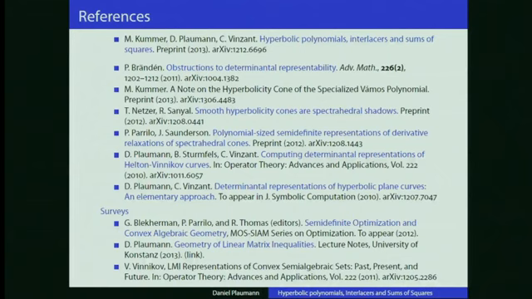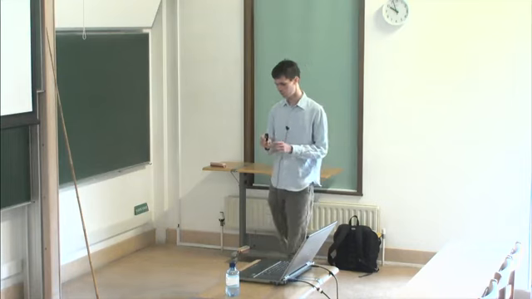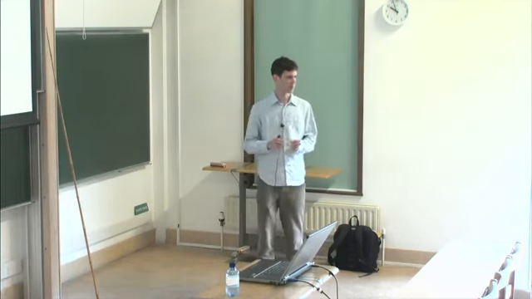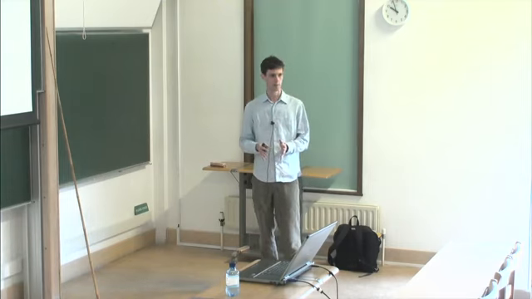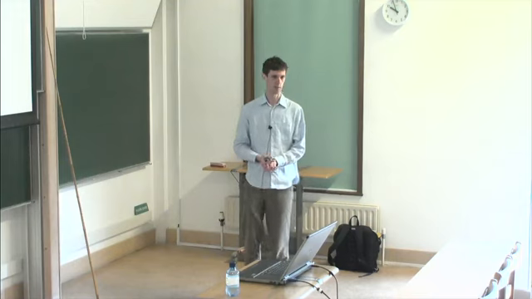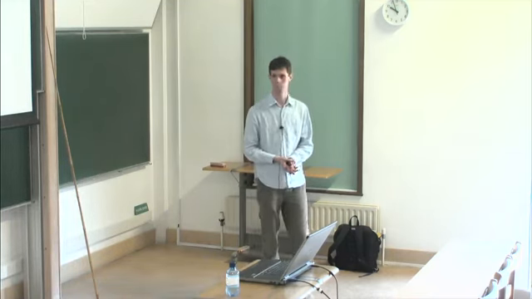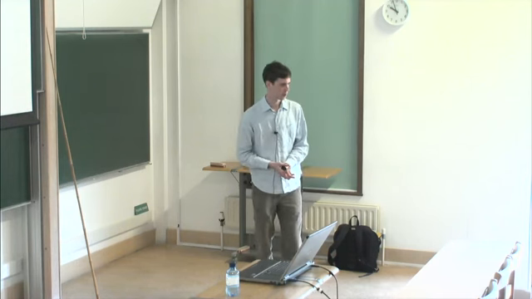We use some of his ideas to show that this Vamos polynomial, or at least a certain specialization of it, admits no determinantal representation, but he still constructed an explicit spectrahedral representation of the hyperbolicity cone. Okay, thank you very much for your attention.